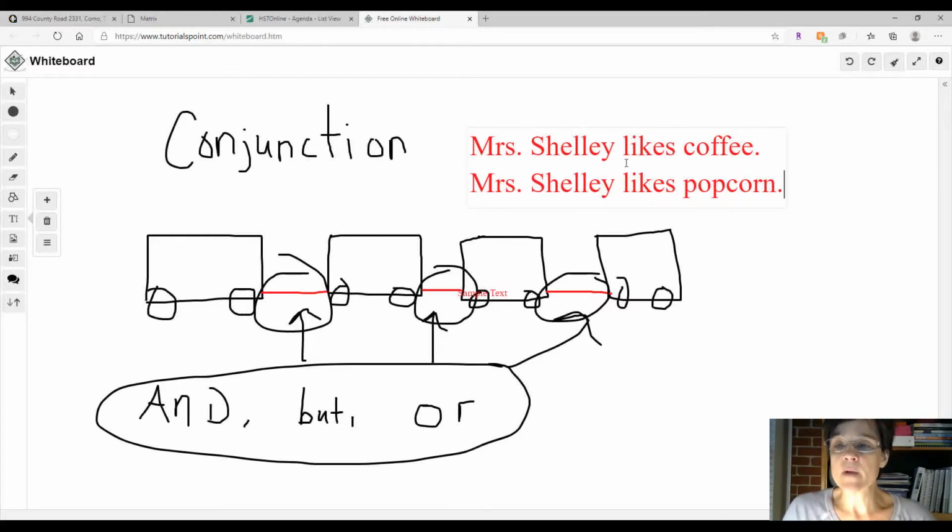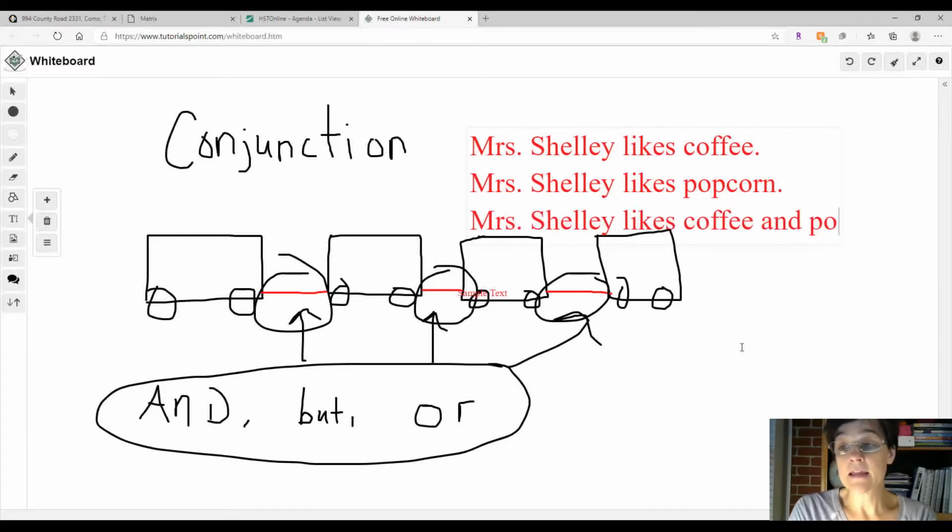So this sentence right here kind of would be like this first little train car. And then this sentence right here would be like this little train car. So how could we put these together and conjoin those? Well, we could say something like, Miss Shelley likes coffee and popcorn.